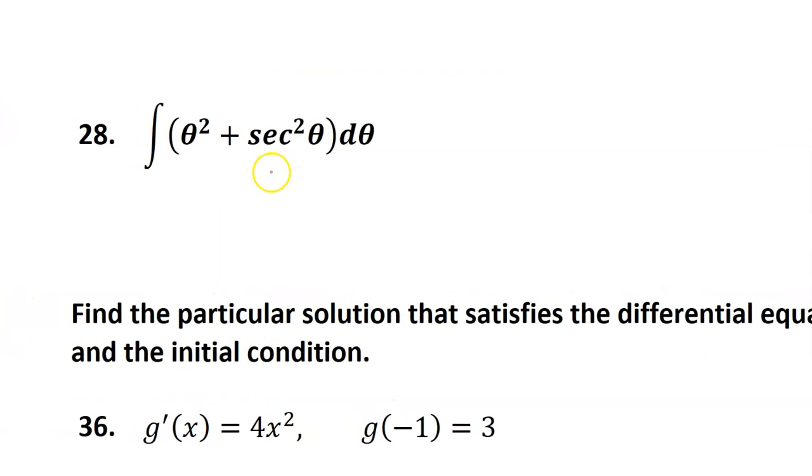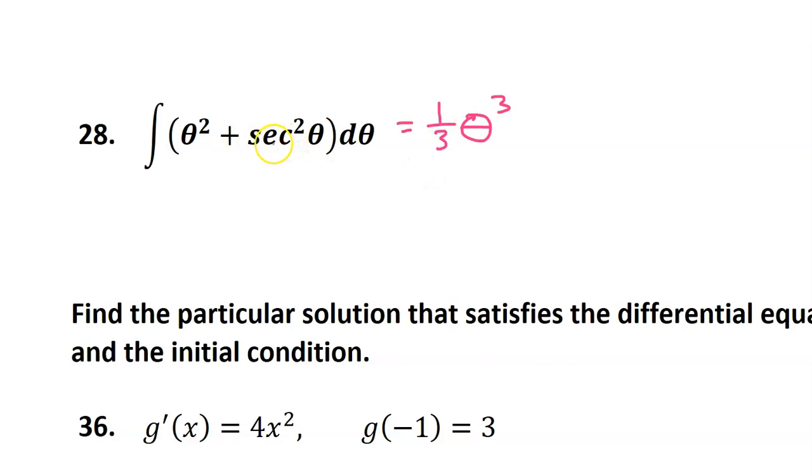So, that's what's about to happen right here. Starting with the first term, though, we can just do the power rule. So we're going to add 1, and that's going to become theta to the third power. And then we have to divide by 3, so I like to just put a 1/3 in the front for that.